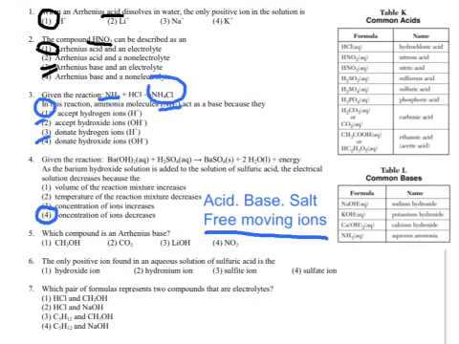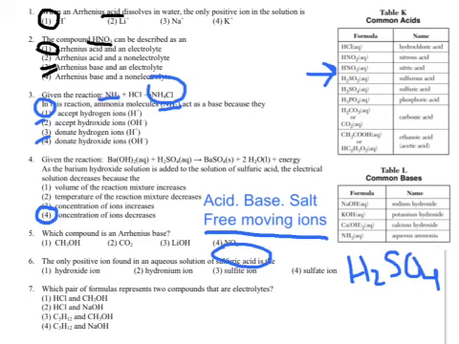Moving on to the next question, it asks for the only positive ion found in sulfuric acid. So we look at the formula of sulfuric acid from reference table K, and we see that sulfuric acid is H2SO4. Notice that there are 3 elements in sulfuric acid.